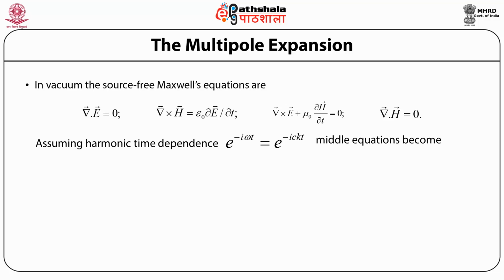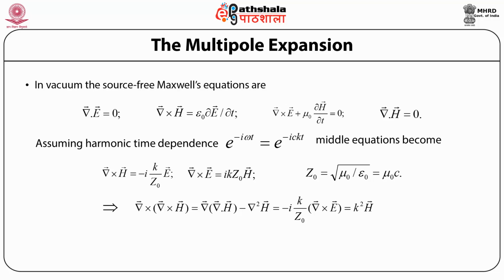On taking the curl of the equation and using the above equation, we get curl of del cross H vector equals del into del dot H vector minus del square H, equals minus i k by Z naught into del cross E vector, equals k square H vector, and del square plus k square into H vector is equal to 0 and del dot H vector equals 0.